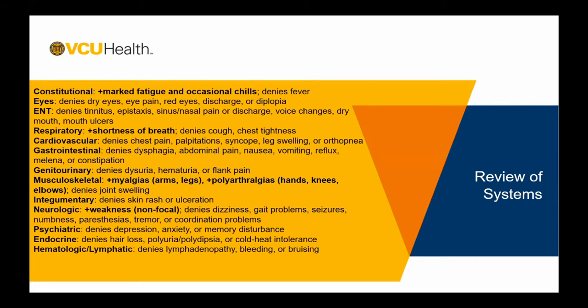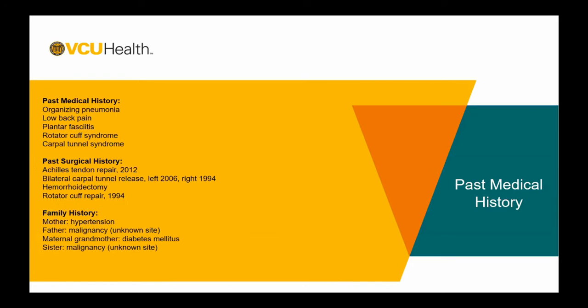Musculoskeletal: she had complained of some arm and leg discomfort, which were felt to be myalgias. She also noted polyarthralgias in her hands, knees, and elbows, however, denied any appreciable joint swelling. Her skin review was negative, and neurologically, the only thing she noted was non-focal weakness, but otherwise no localizing neurologic symptoms. Her psychiatric, endocrine, and hematologic and lymphatic review of systems were also negative.